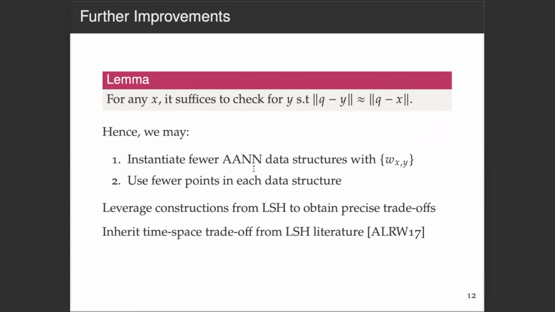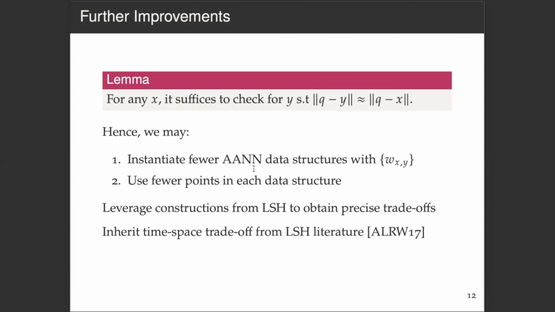The first is that we could instantiate fewer approximate nearest neighbor data structures. So even, let's say, for the nearest neighbor X star, we only need to check this constraint for some Y whose distance to the query is approximately equal to the distance of X star to the query. And the second way this can help us optimize the data structure is that we could use a fewer number of points in each data structure. So we don't use all n points for each one, but we just use a smaller subset.